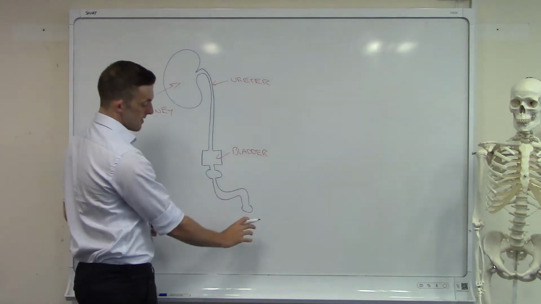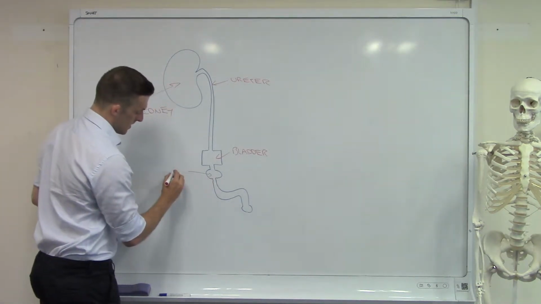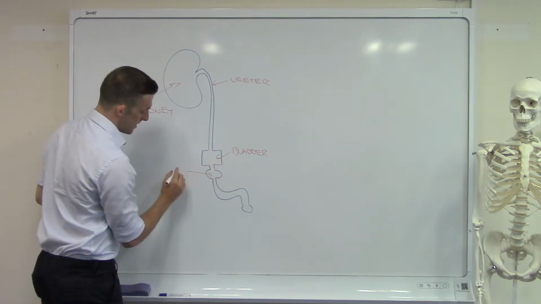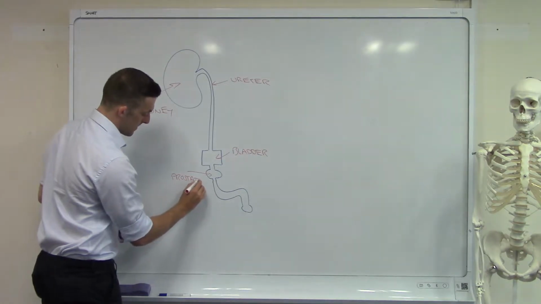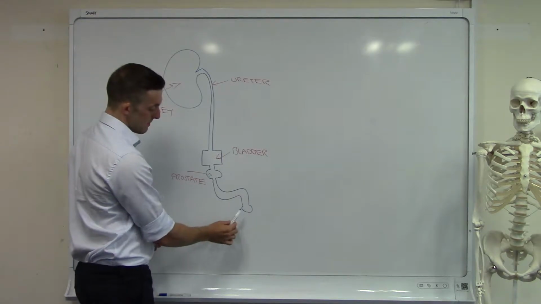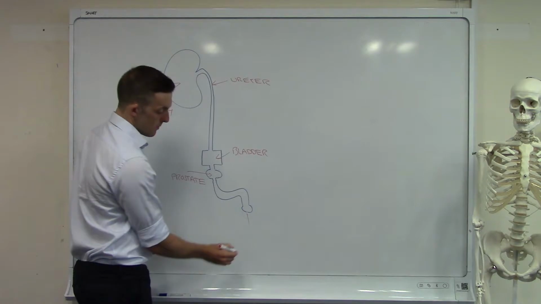There are different parts of the urethra that you'll learn throughout the year, and this section of the urethra is surrounded by an organ only seen in males, which is the prostate. It then works its way through the spongy part of the penis to the meatus, where urine will eventually come out of the penis.